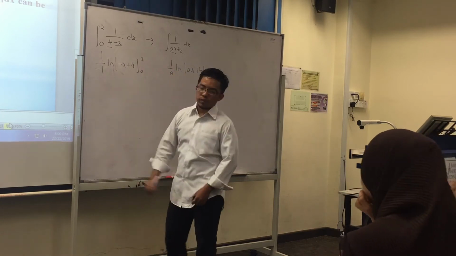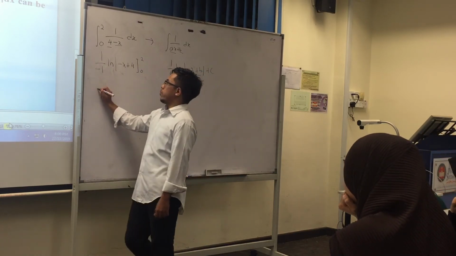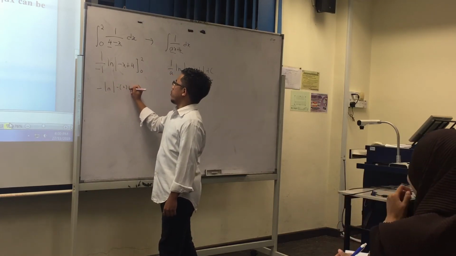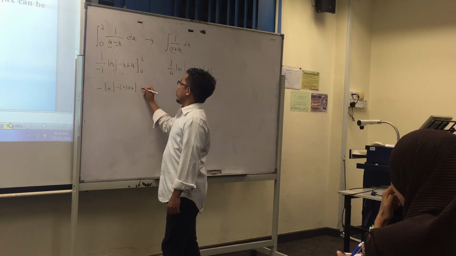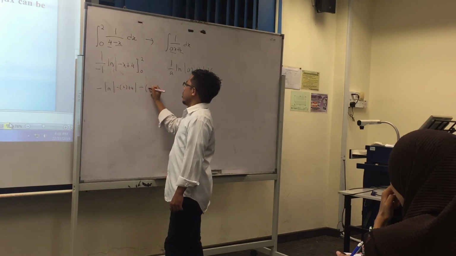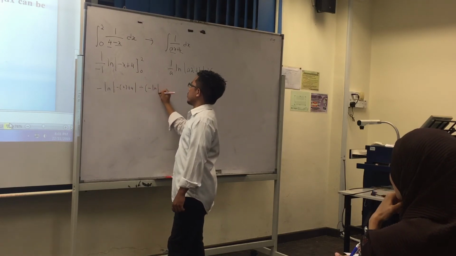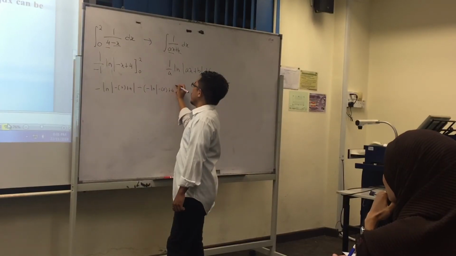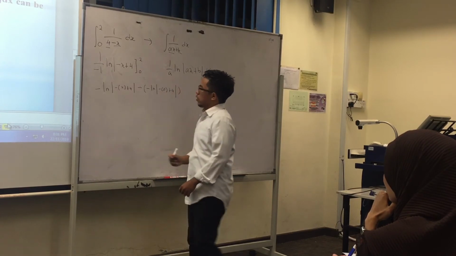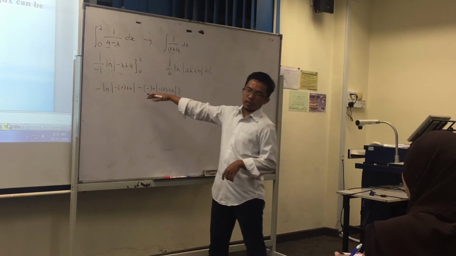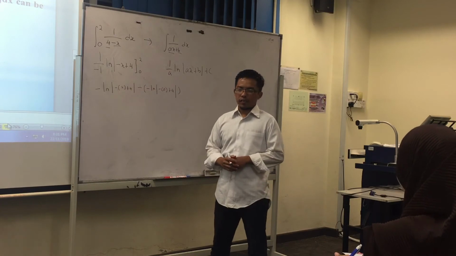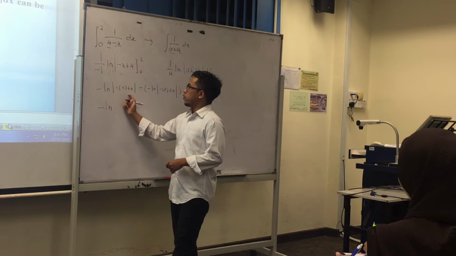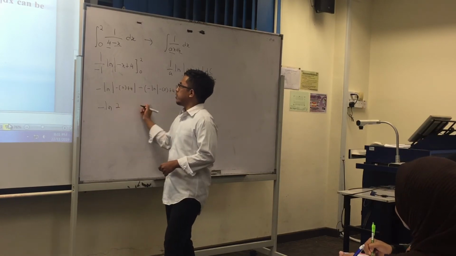to 0. Okay, so it will be negative ln negative 2 plus 4 minus ln negative 0 plus 4. You guys have any question so far? Negative ln negative 2 plus 4 2.